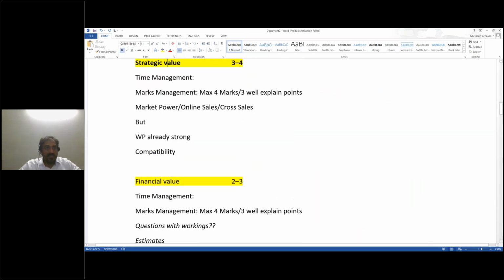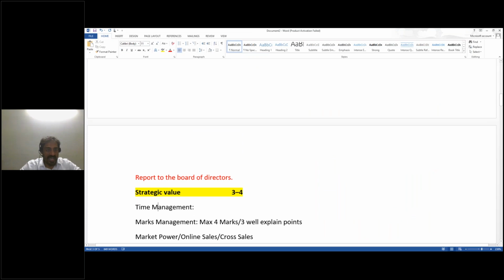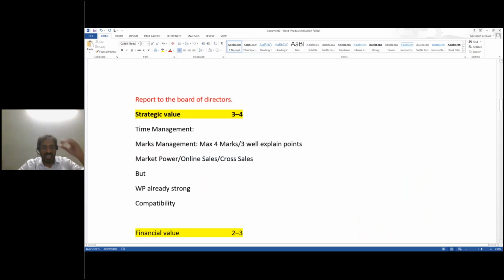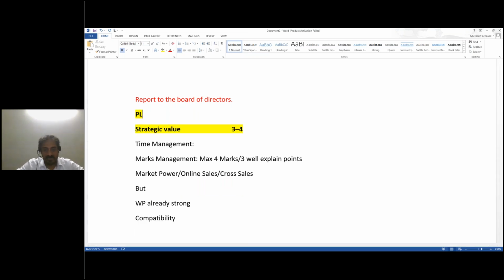Whenever we are starting to write something about theory anywhere, either in a report or anywhere, you have to plan. How to plan it? The pull factor. Sir, I need to write the strategic value. That includes 3 to 4 marks.